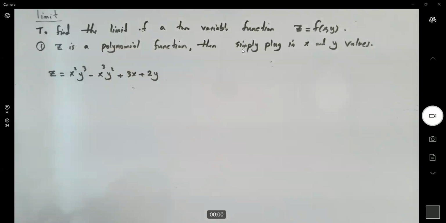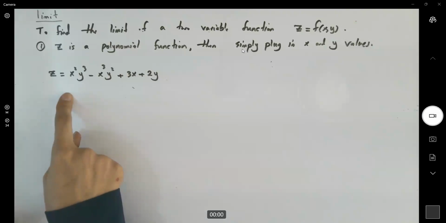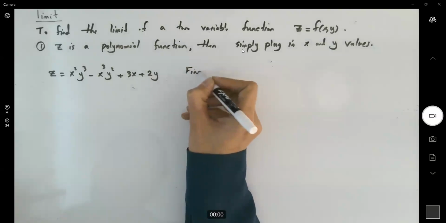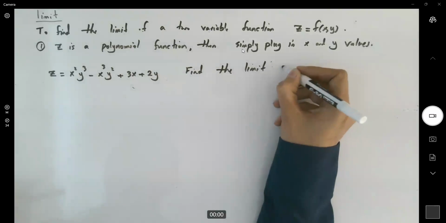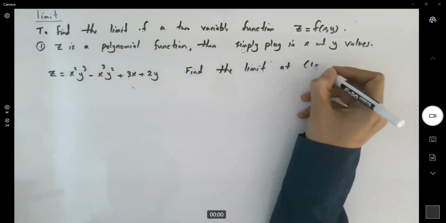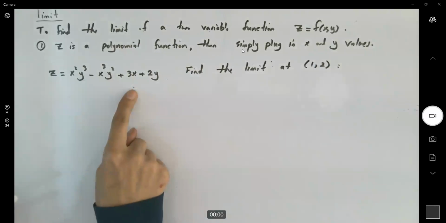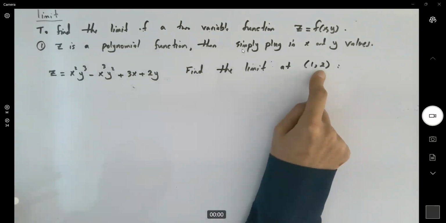Okay. For example, suppose this function is given to you. If I ask you to find the limit at 1 and 2, it's very simple. What are you going to do? You're going to just plug in 1 for x and 2 for y.